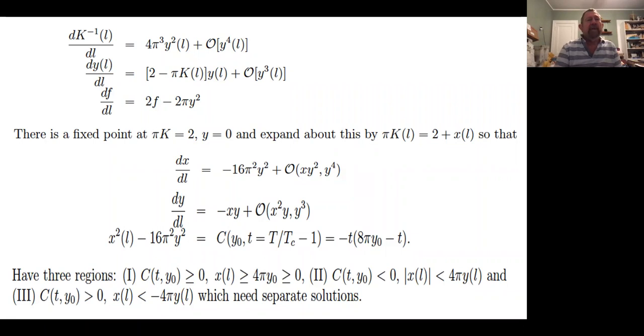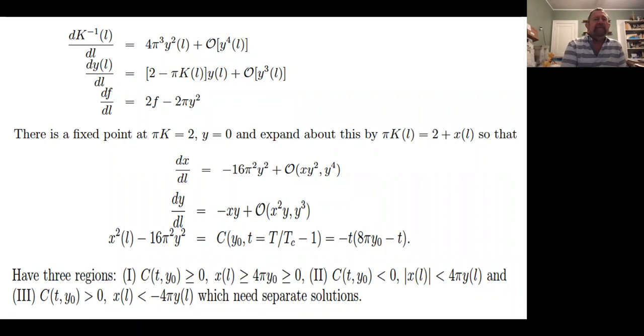Now, the first two equations have fixed points when the coupling constant k and the fugacity y don't depend on this parameter L. In other words, the right-hand sides are 0.